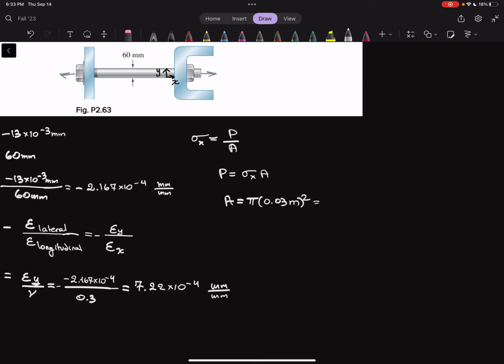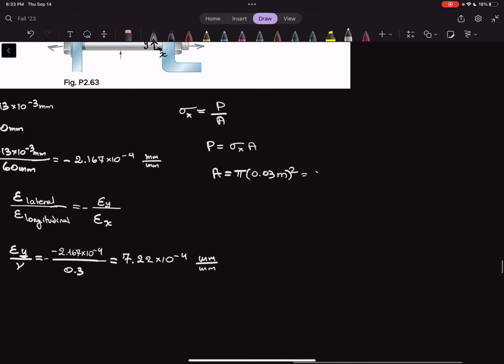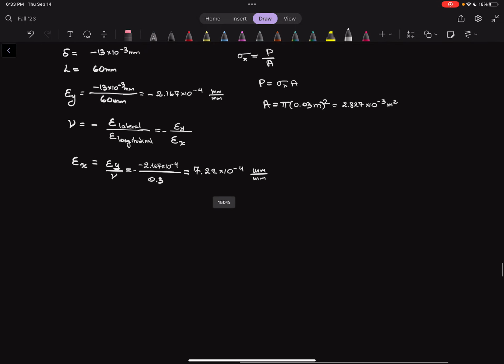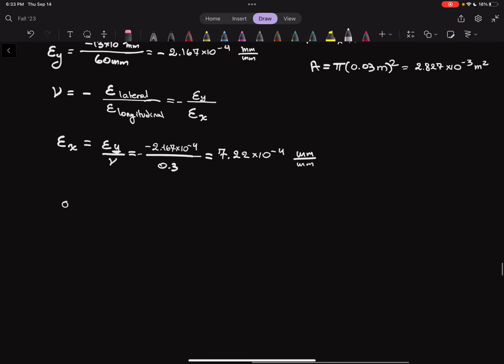So pi times 0.03 squared gives me 2.827 times 10 to the negative 3 meters squared. Once we do that, all we need to find is sigma x.